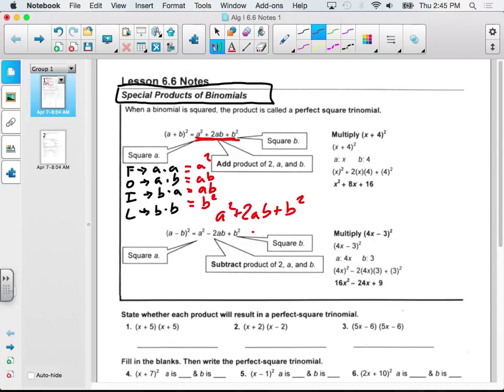They identify a as our x, our first term, and b as our second term, so they put 4 there. Then let's write our model: a squared plus 2ab plus b squared. This is the model for a binomial times itself with addition inside.